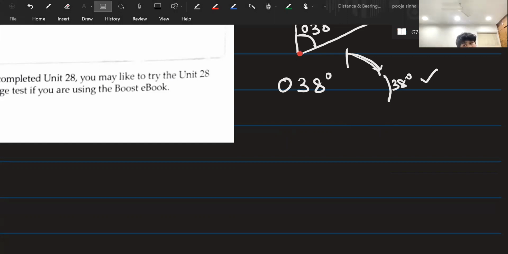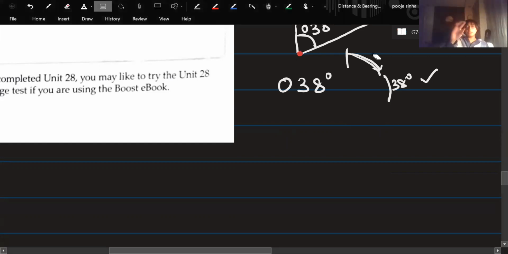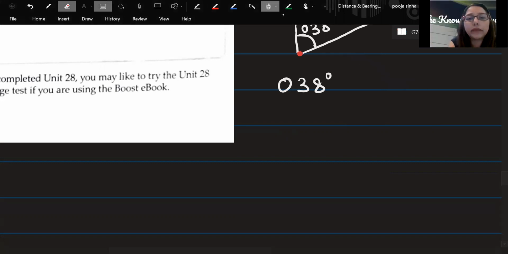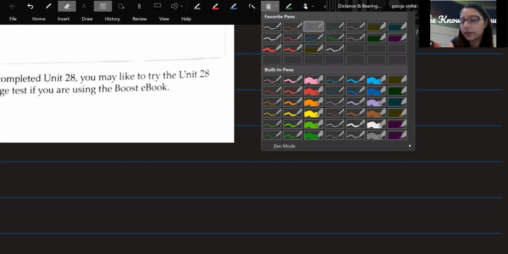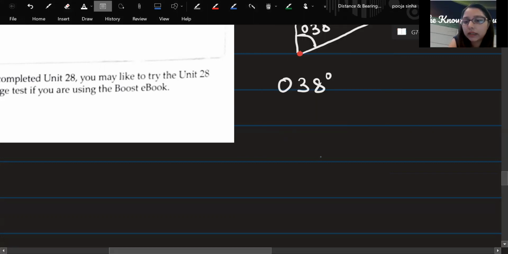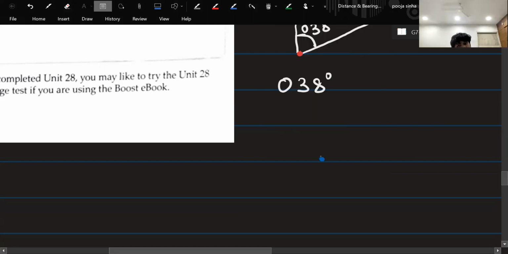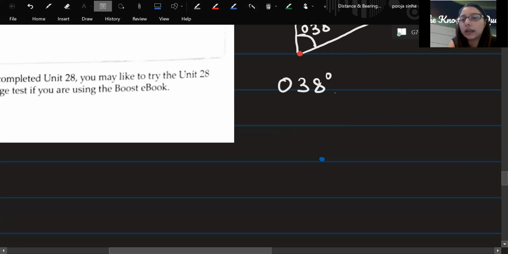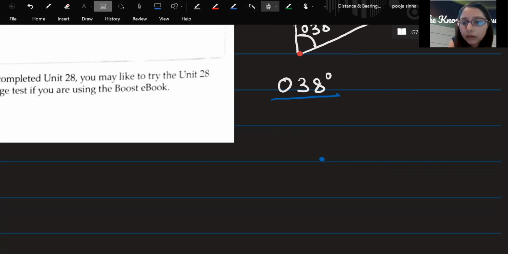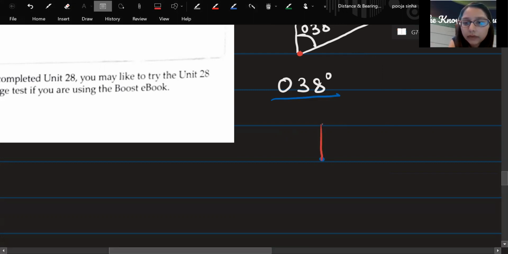X is going to be on the red dot and Y is going to be on the end of the slanting line from here. First of all, you can give your own names. Okay, this is my point from which I am measuring a bearing of 038 degrees. So whichever point you're measuring from, at that point you will make an arrow.